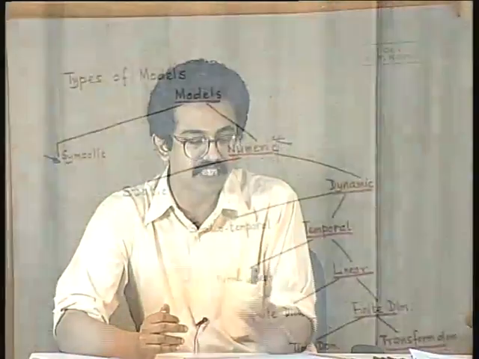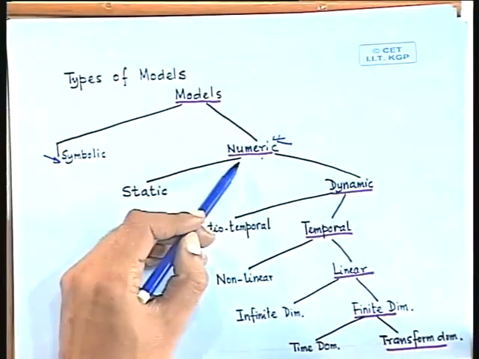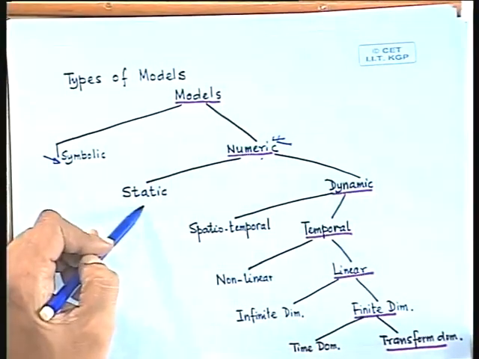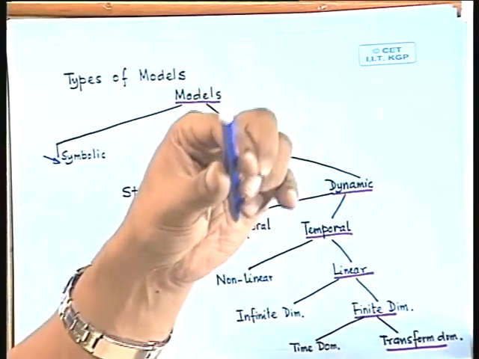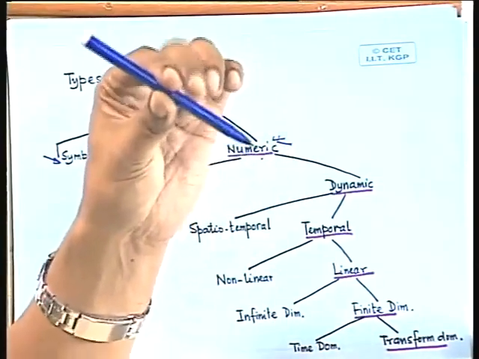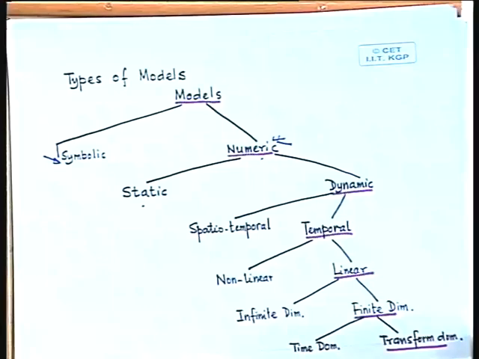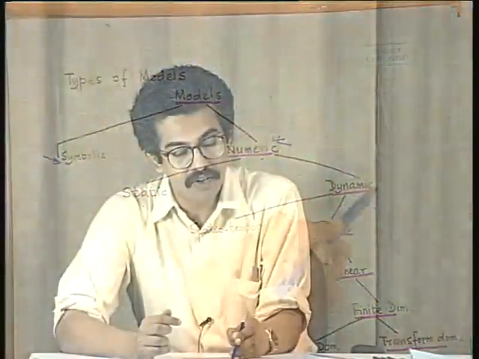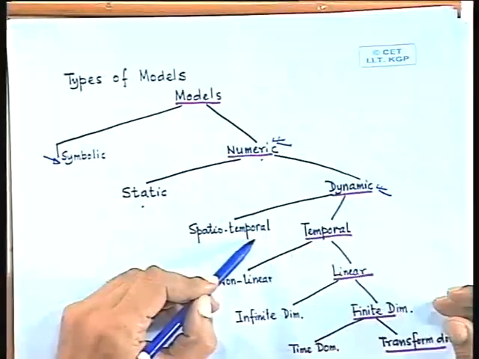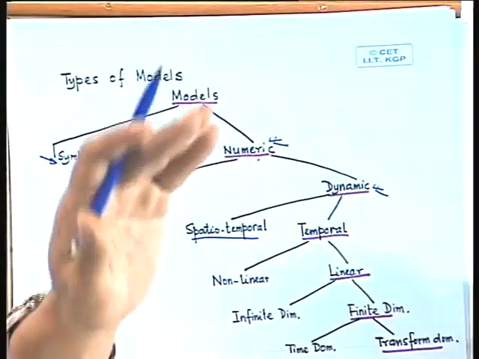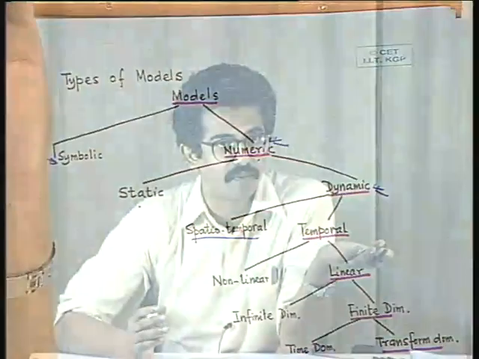So the digital circuit is a symbolic model. On the other hand, you may have numeric models, and we are interested in the numeric models. Now numeric models could be either static, where the value at a given point of time depends on other values, but there is no extension of time towards the past, or it could be dynamic. We are interested in the dynamic model. It could be spatiotemporal, that is, in how many dimensions you are talking about.